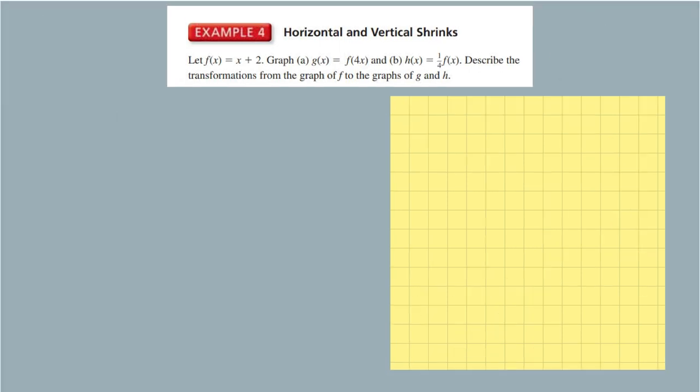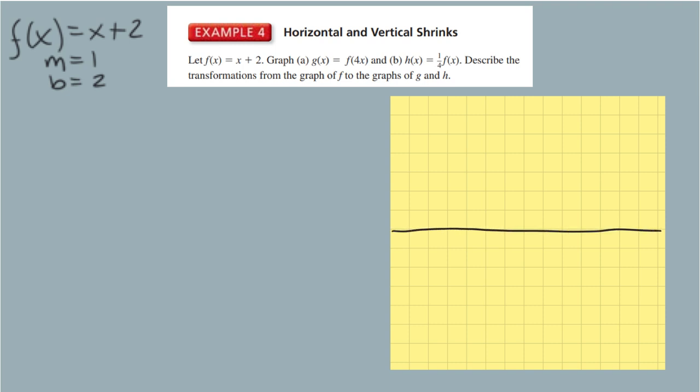Horizontal and vertical stretches. We have here the parent as f of x equals x plus 2. We know that we could graph this because our slope is 1 and our y-intercept is 2. Remember to graph the parent right away. It kind of helps you.